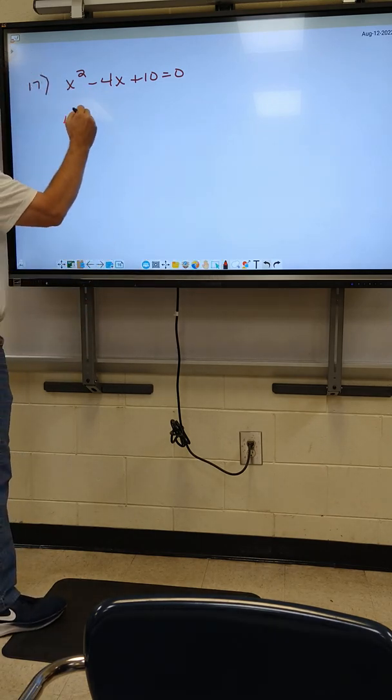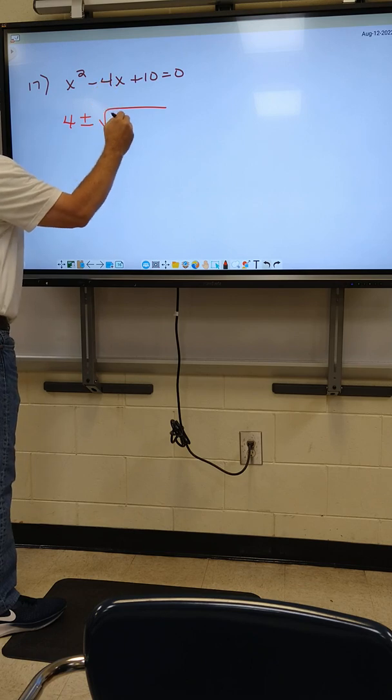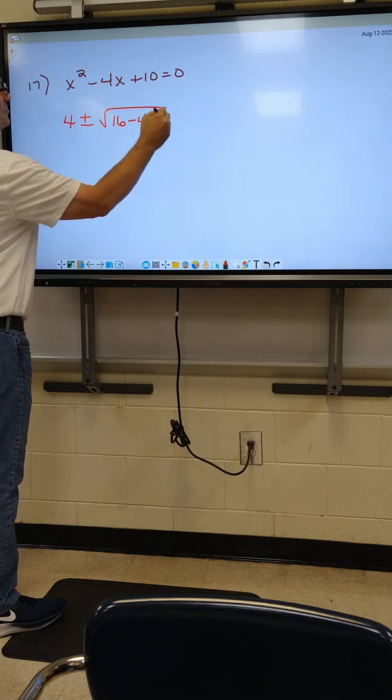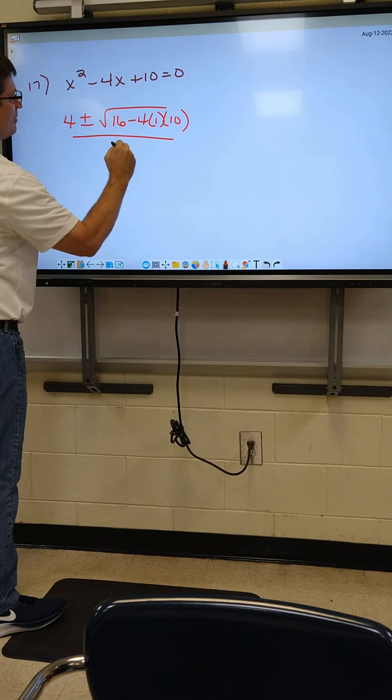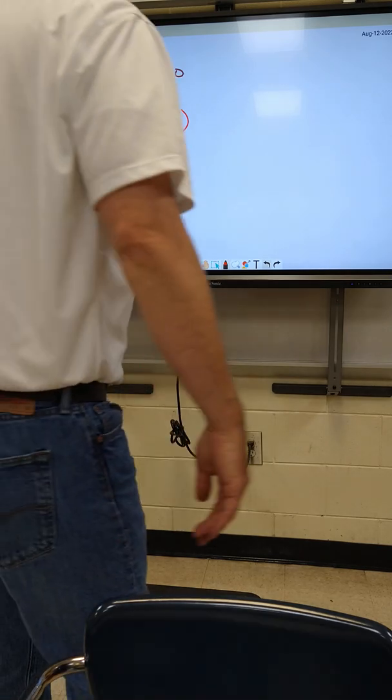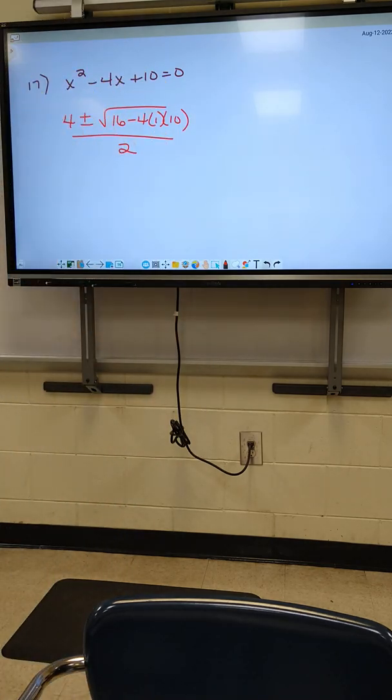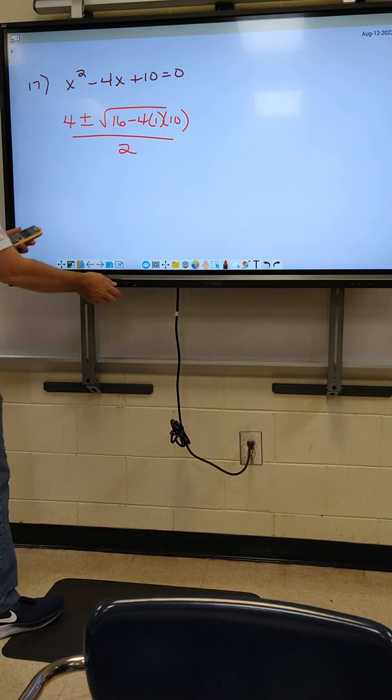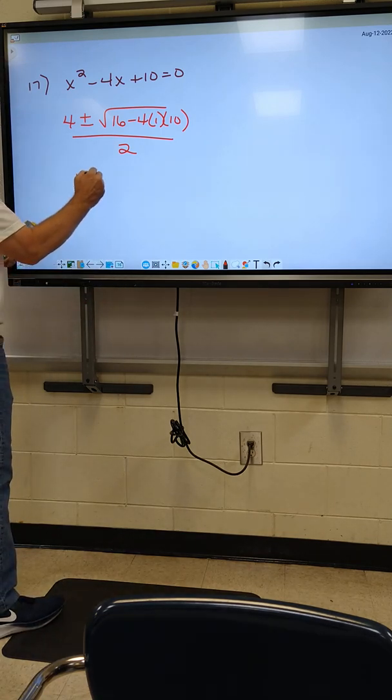So I got positive 4 plus or minus 16 minus 4 times 1 times t. All right, so I plug my numbers in. Now we have to plug them in the calculator. 16 minus 4 times 1 times t. All right, what did y'all get this time inside the square root symbol? Very good.